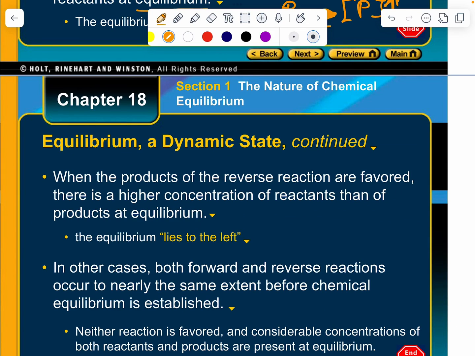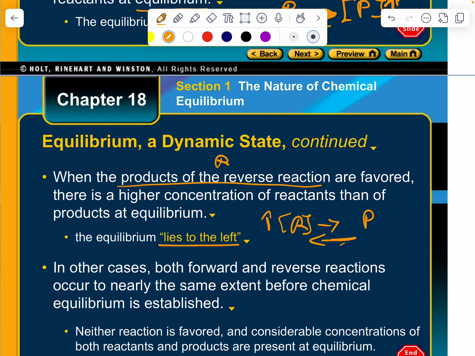When the products of the reverse reaction are favored, what are the products of the reverse reaction? Those are the reactants. So when the reactants are higher than the products, the equilibrium lies to the left.